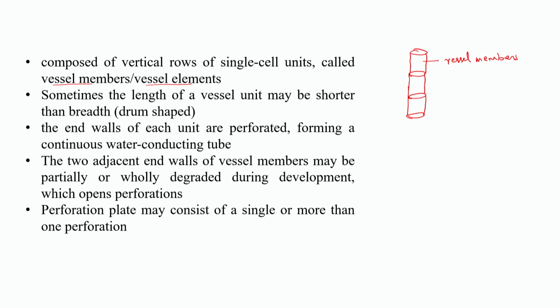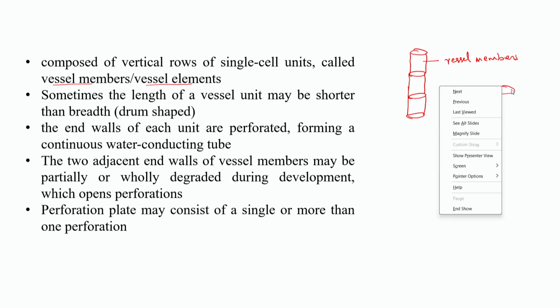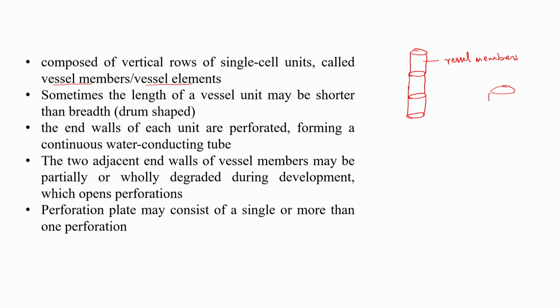Now each vessel element, you can see it's quite wider, and many times each vessel element can be wider as compared to its length. So in that case they can appear drum shaped also, but yes, the size and shape will vary, their length will vary. Now the important feature of this vessel element is that their end walls are perforated.